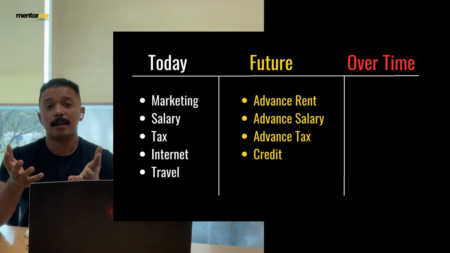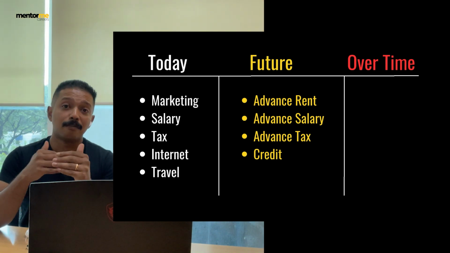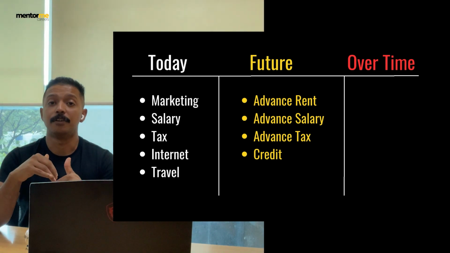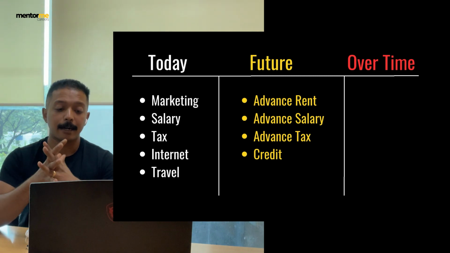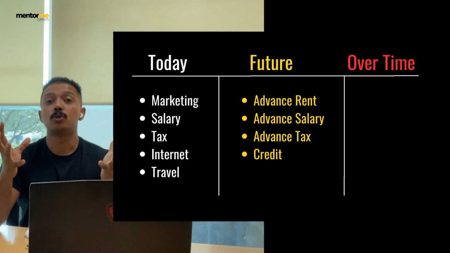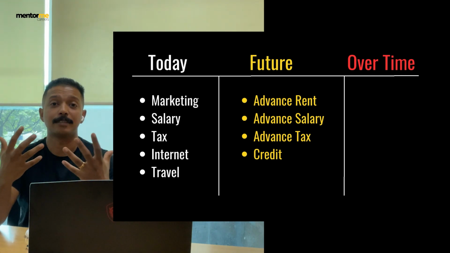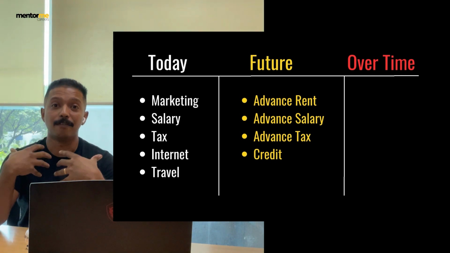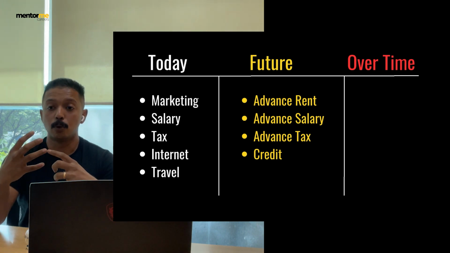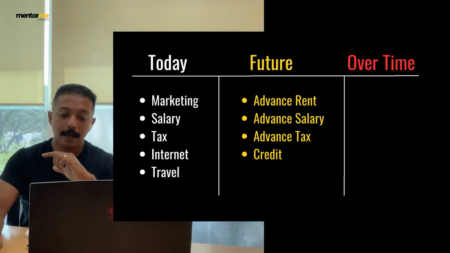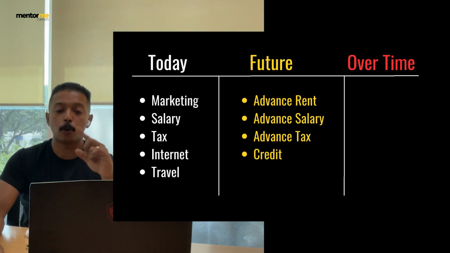Similarly, advance tax that you might pay in advance of the income you have actually generated. And similarly, the kinds of expenses or benefits that you might incur on credit. For example, somebody might give you an advance for the goods that you're going to supply in the future, right?